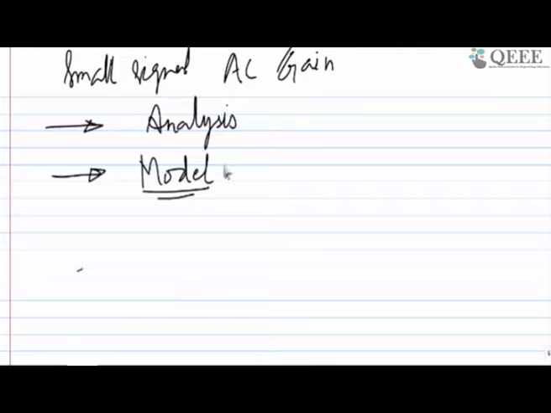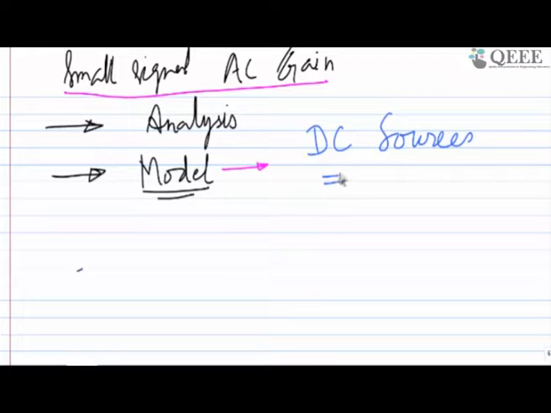And in this model, we have to understand that this is small signal AC model or small signal AC analysis. In that analysis, we have to make sure that all the DC sources are equal to AC ground.